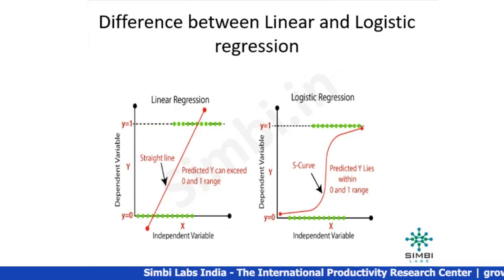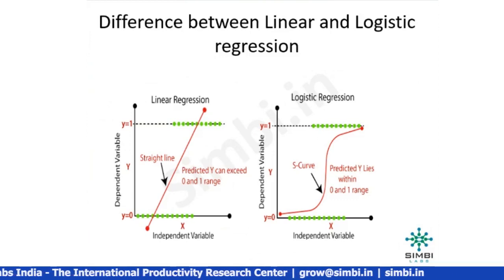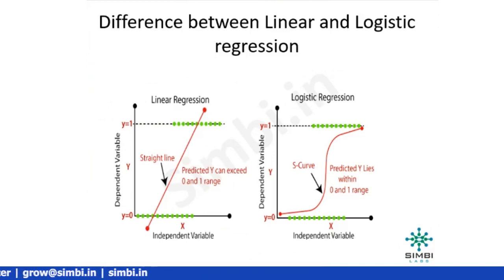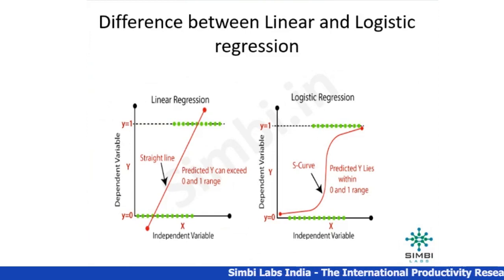Whereas logistic regression is used to predict the categorical dependent variable using a given set of independent variables. Linear regression is used for solving regression problems, and logistic regression is used for solving classification problems.